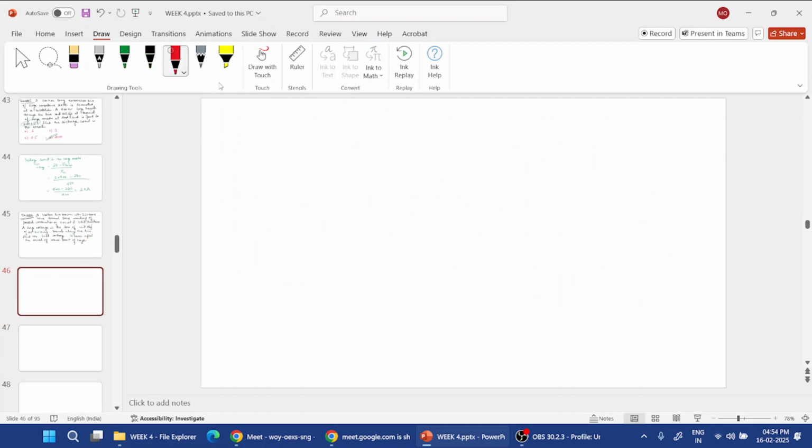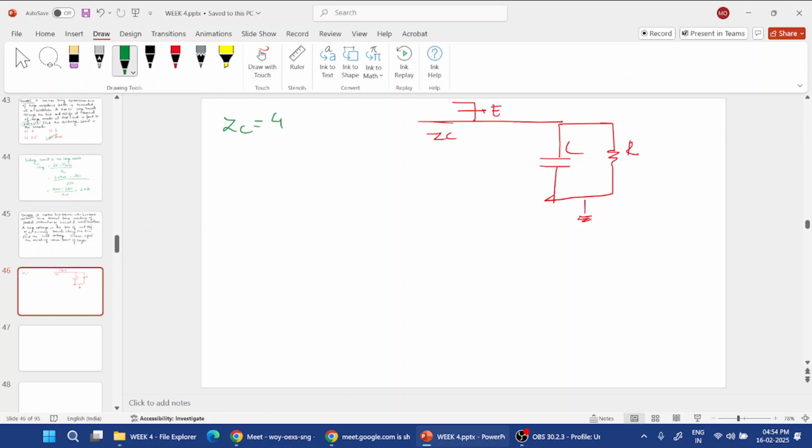This is a wave front surge of E. ZC is terminated into a parallel combination of capacitance and resistance, and this capacitance is initially discharged. ZC is given as 400, C is 0.01 microfarad, and the resistance is 10 kilo ohm. E, the unit step function voltage, has a magnitude of 250 kV.